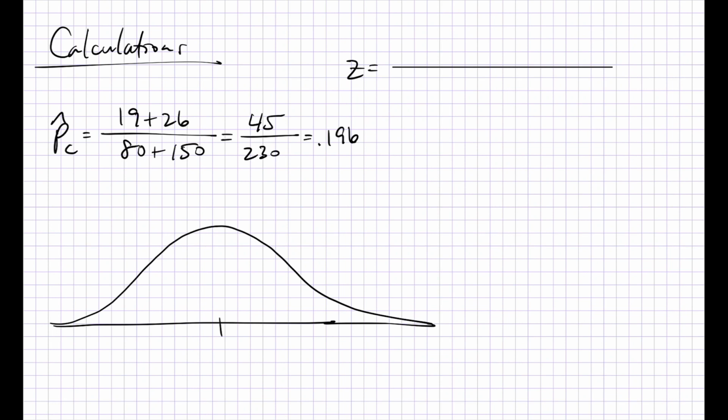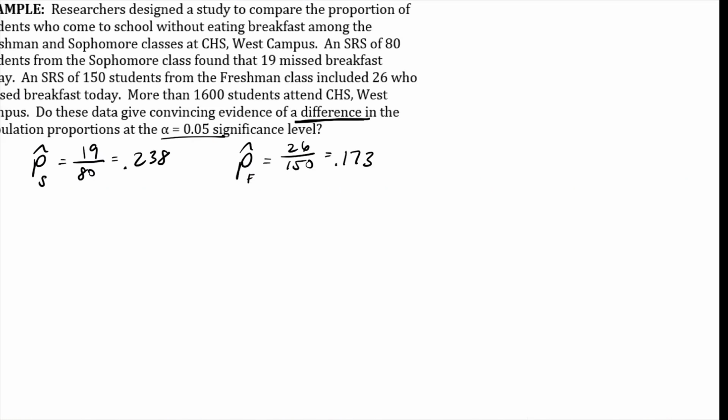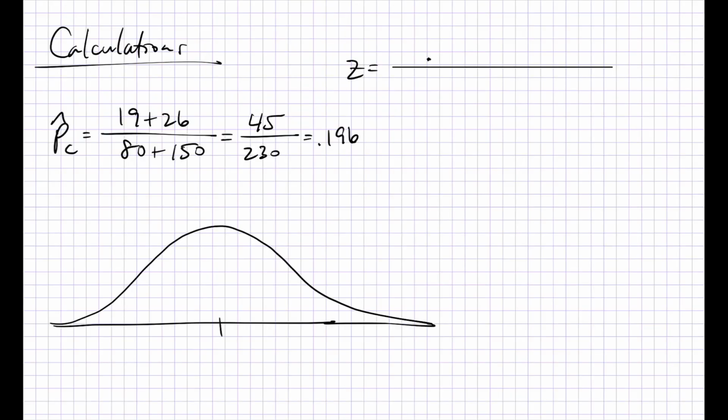So on top we've got p hat for sophomores. P hat for sophomores was 0.238 minus 0.173.